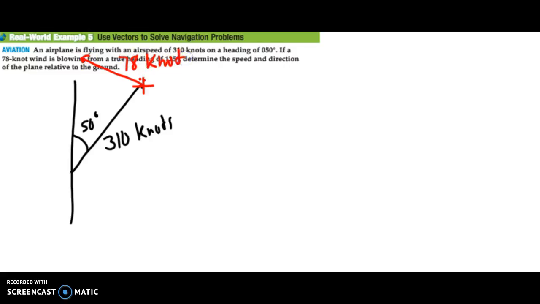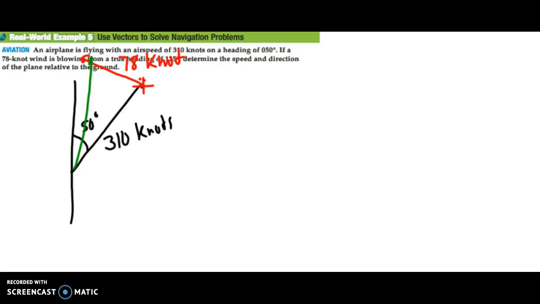Then what I end up getting is my resulting vector that essentially goes tip to tail right there. I don't know what that value is at this point.